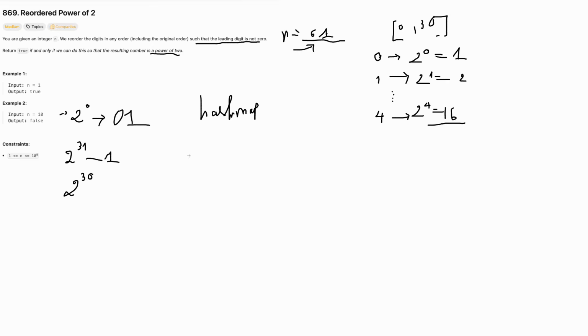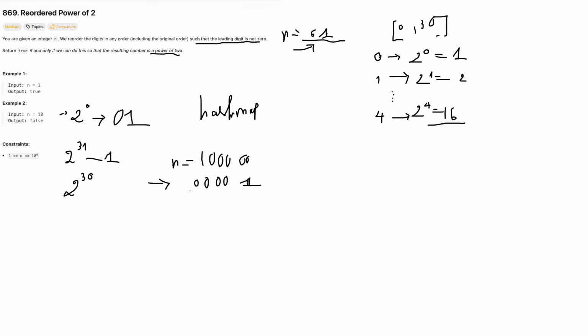Why? Here we can have one observation. Let's say that this one is 1, right? So what is the other case for the 1? Let's say n is equal to 10000, for example, and we need to check whether we can reorder the digits to 00001.